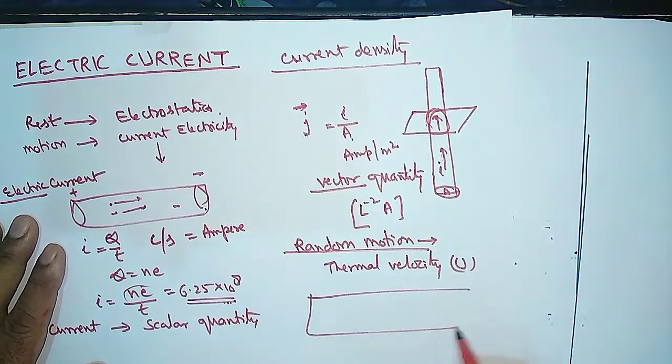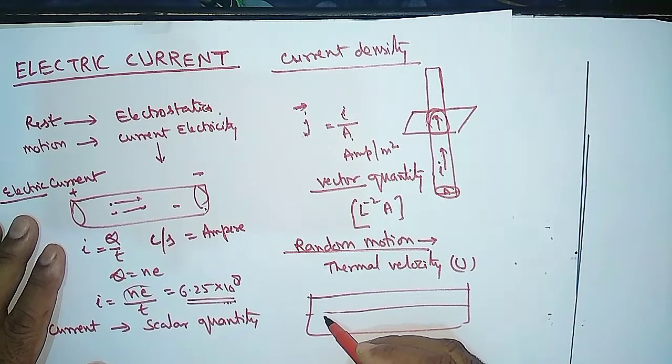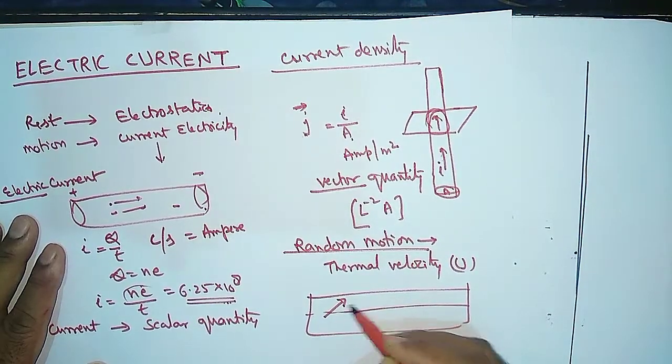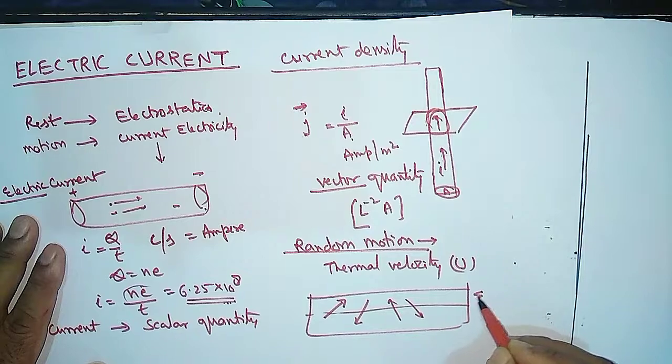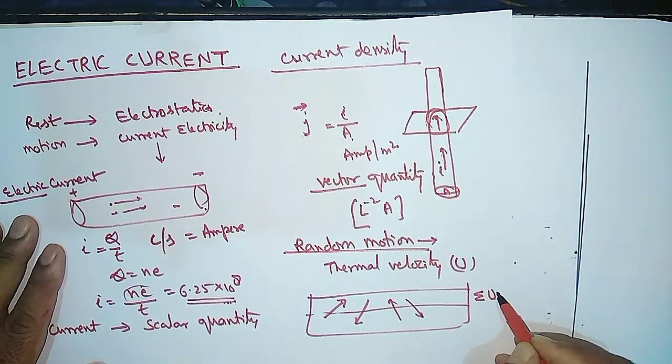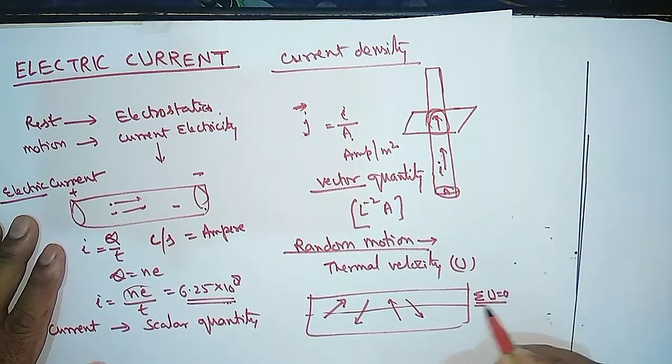To understand the thermal velocity, suppose this is a conductor. If we divide this into two parts, some free electrons will be moving in this direction, some in this direction, some in this direction. That is the average. Average thermal velocity is always zero, of all conductors. As you know, the number of free electrons in a good conductor is of the order of 10 to the power 28.